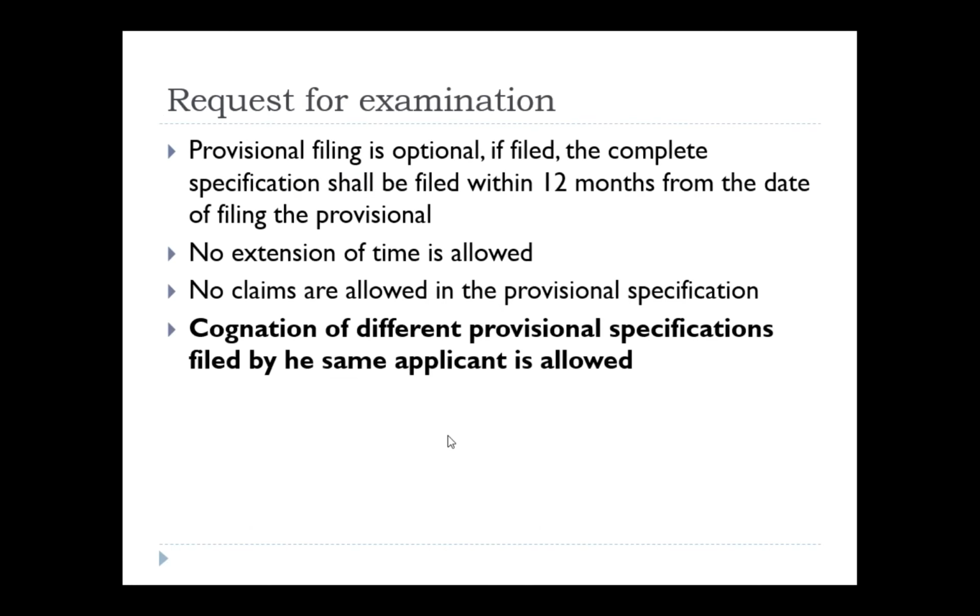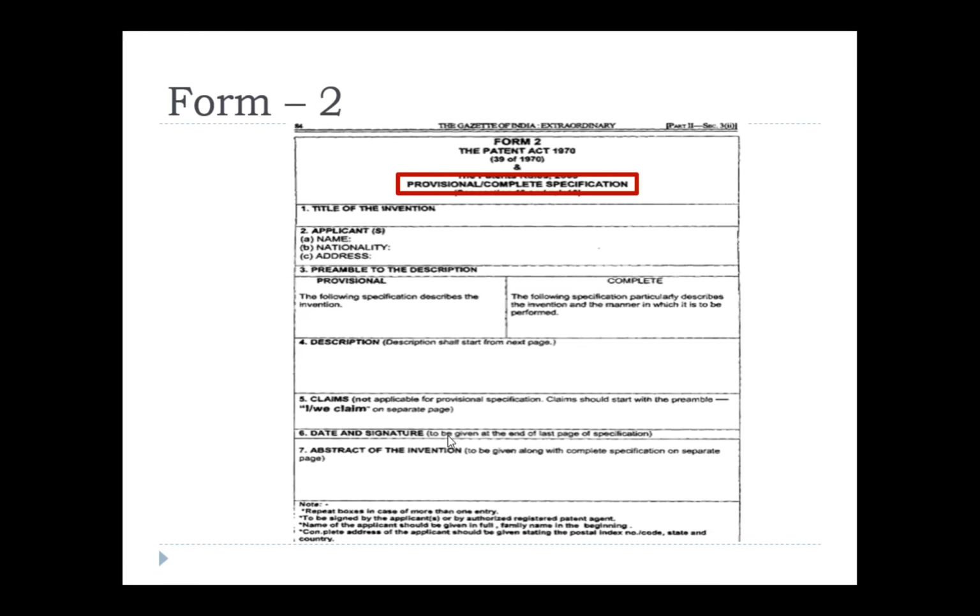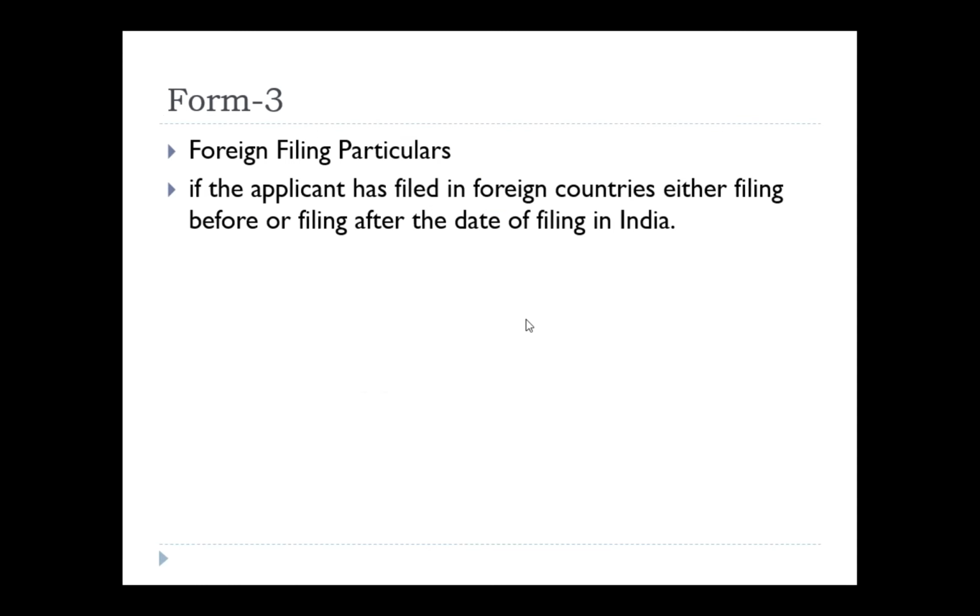So this is Form 2. You can see whether it is provisional or complete filing. Again, I have given the explanation for this. You can see the title of the invention, applicant, and you need to tick the provisional column and strike out the complete column. Here also you can tick the provisional and strike out the complete, and fill and submit to the patent office.